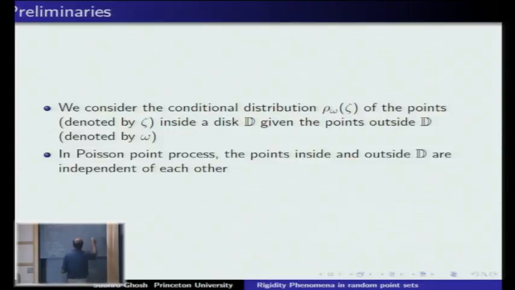So this conditional measure rho sub omega of zeta, a priori it lives on the union of D^n, where n is greater than or equal to 0. Basically, this is saying that there can be any number of points and anywhere inside the disk. But what we are looking for is whether the reality is something much smaller than this.